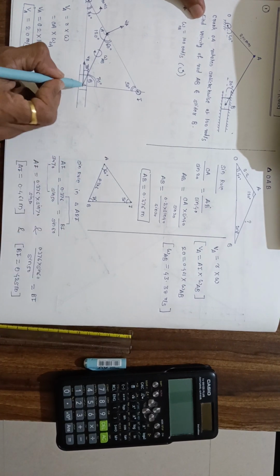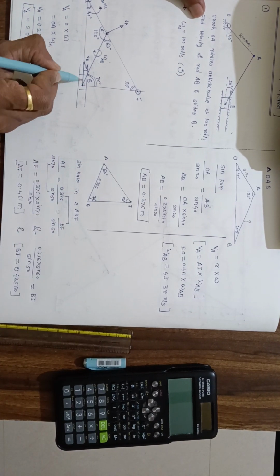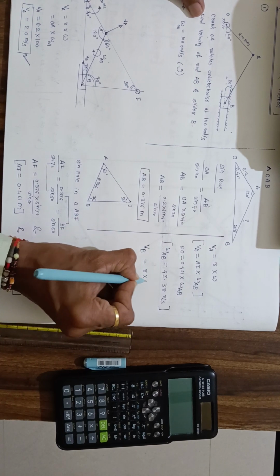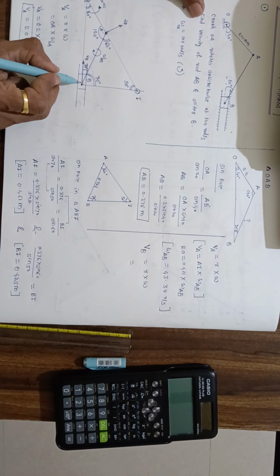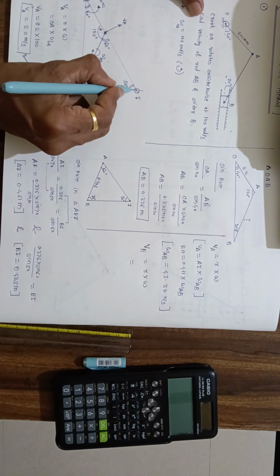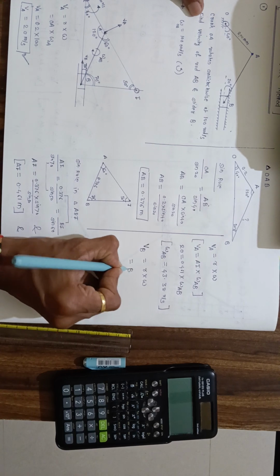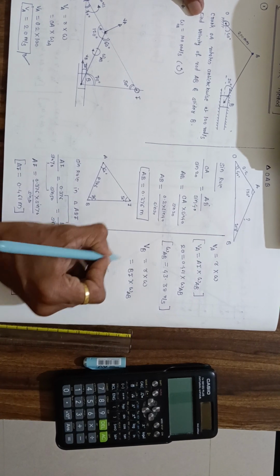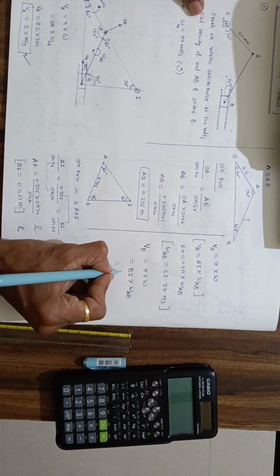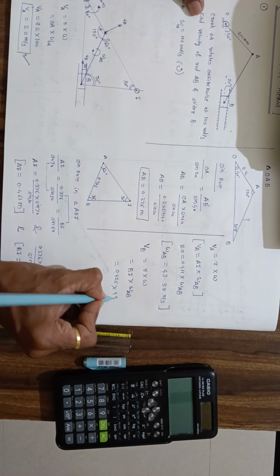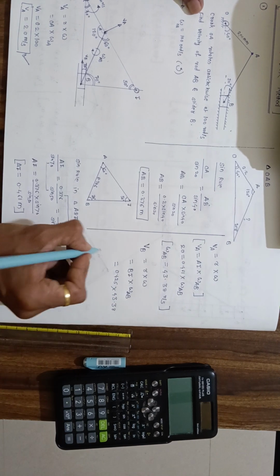Then use the second equation for B, which is VB. Again it is R into omega, but B is part of this rod AB, so R will be distance BI into omega AB. So BI is 0.425 and omega AB is 43.38.